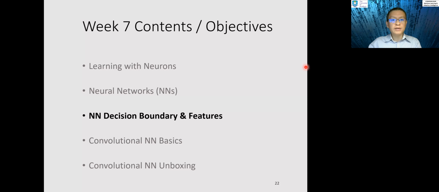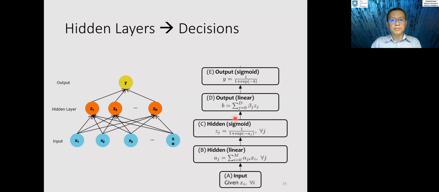Let us look at the decision boundaries of neural networks and also some learned features. Neural networks typically make use of hidden layers. So here is one hidden layer neural network.